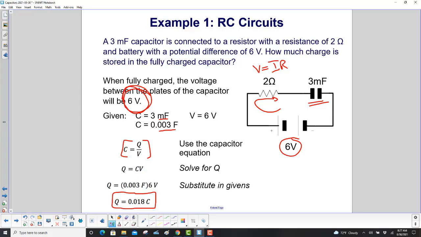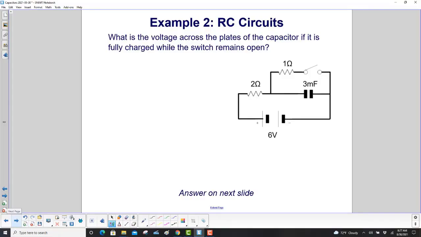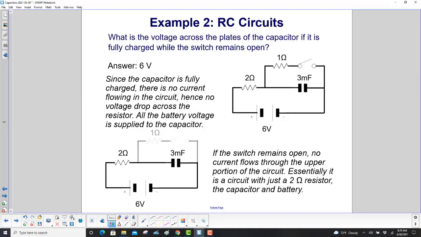What is the voltage across the plates of the capacitor if it is fully charged while the switch remains open? The answer is 6 volts. And why is that? Since the capacitor is fully charged, and you've got this open switch here, there's no current flowing in the circuit. Hence, no voltage drop across the resistor, right? Because V equals IR.